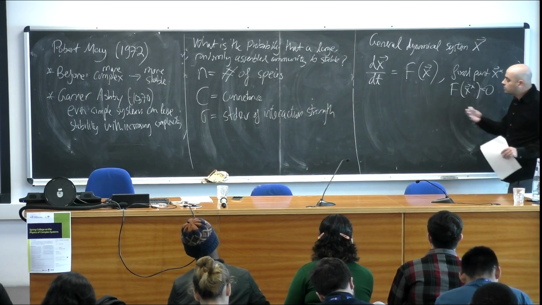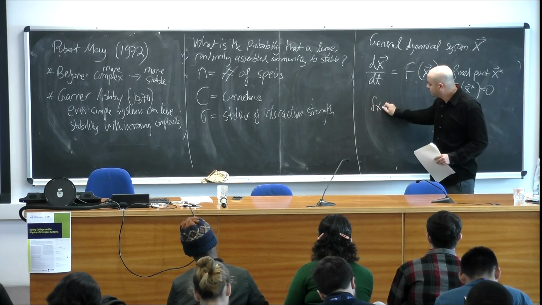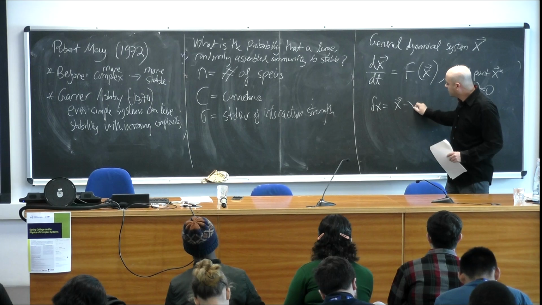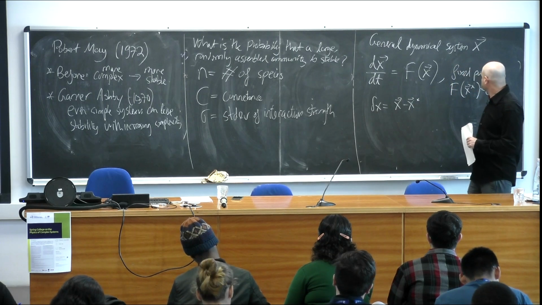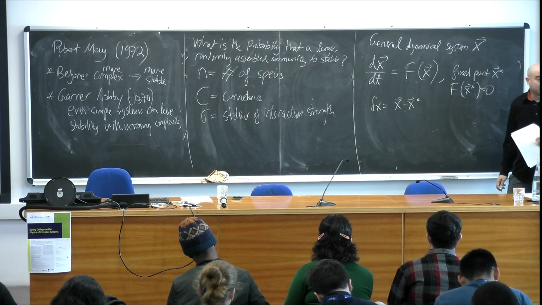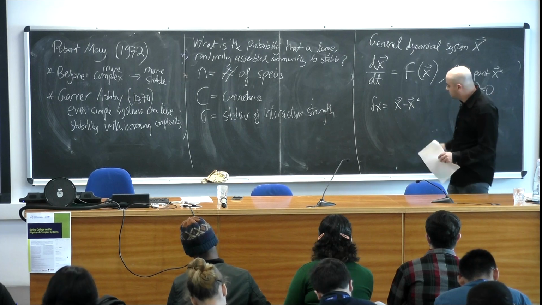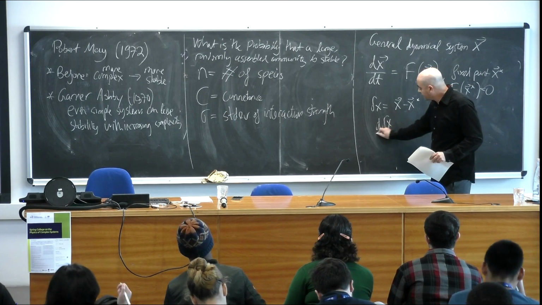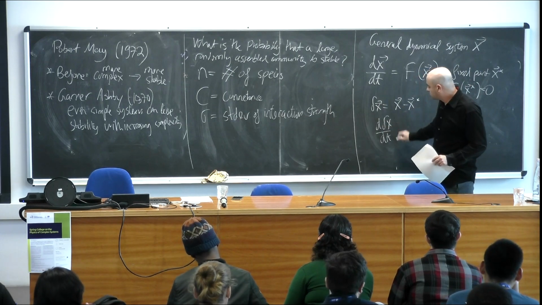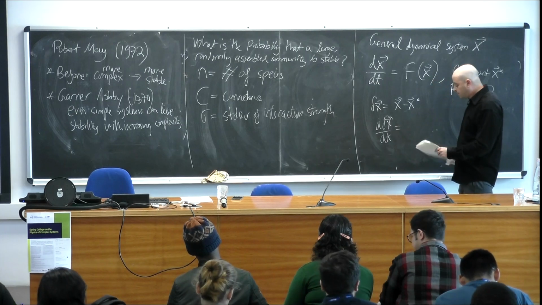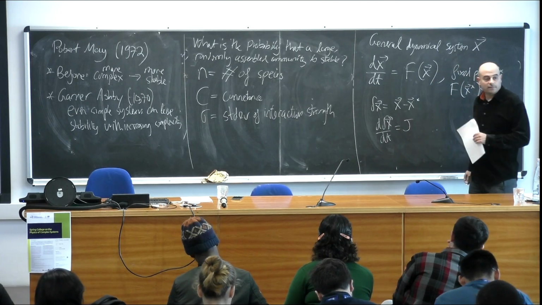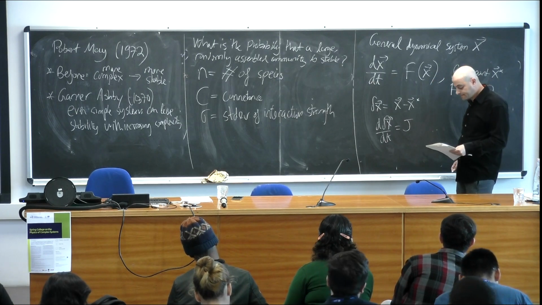Right, so now you can look at delta x, which is x minus x star, and you can say that d delta x/dt is the Jacobian of this system, right?